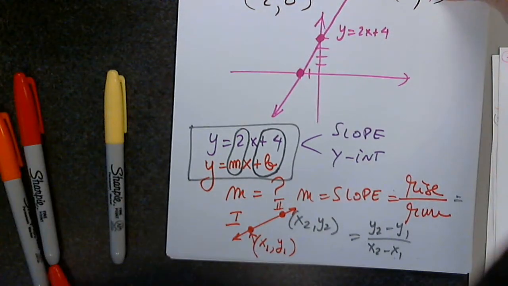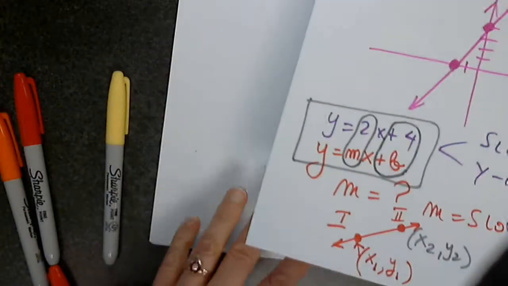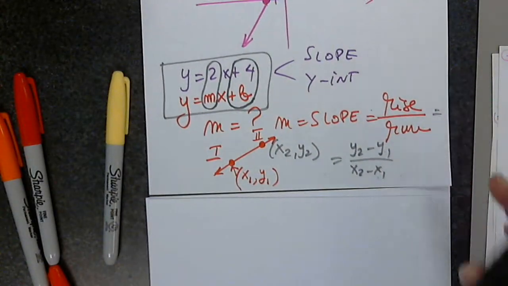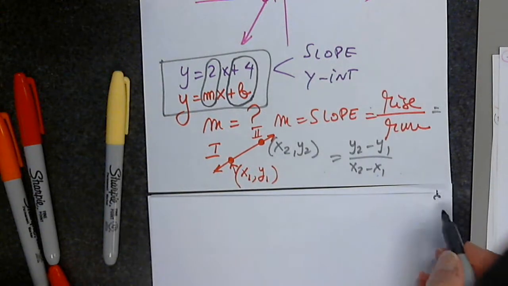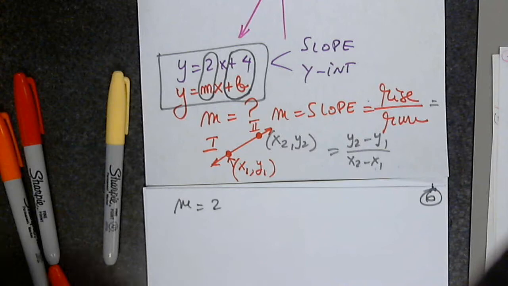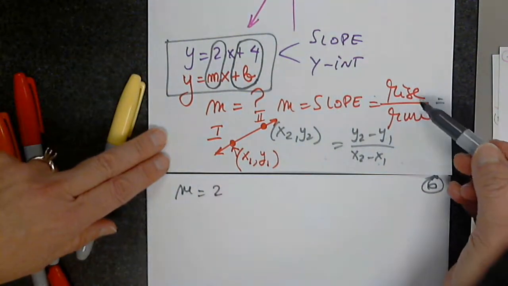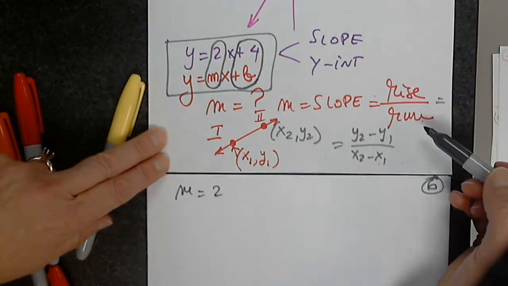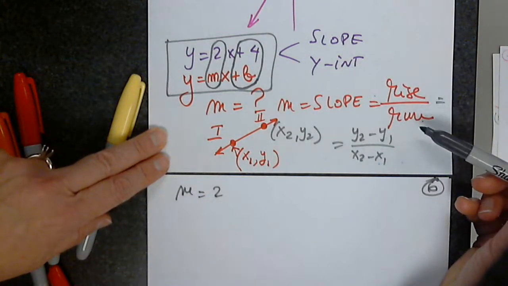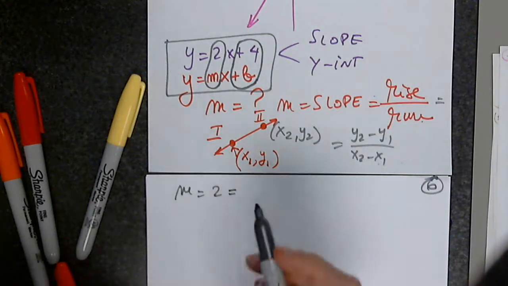Good. So let me explain b. So for this line, m equals 2. But actually, m is a ratio. Rise over run. So then 2 is the same with 2 over 1. Right.